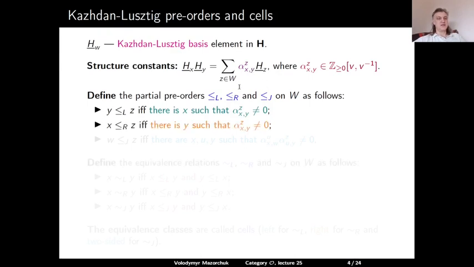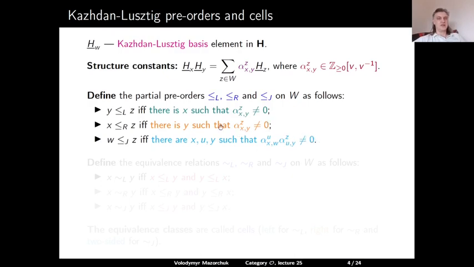On the other side, we say that x is right less than or equal to z if and only if there is y such that alpha_{x,y,z} is non-zero. This means that we can multiply h_x underlined on the right with something to get h_z underlined with a non-zero coefficient. And we say that w is two-sided less than or equal to z if and only if there are x, u, and y such that the product of alpha_{x,w,u} and alpha_{u,y,z} is non-zero.